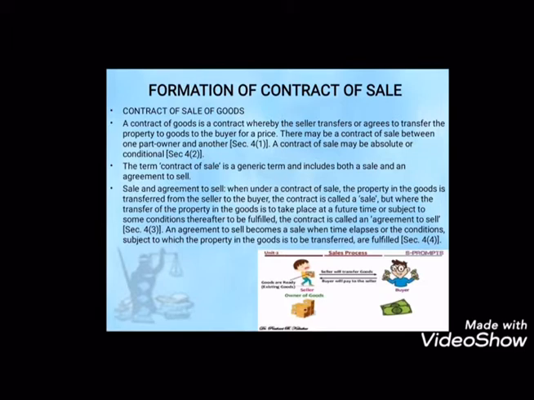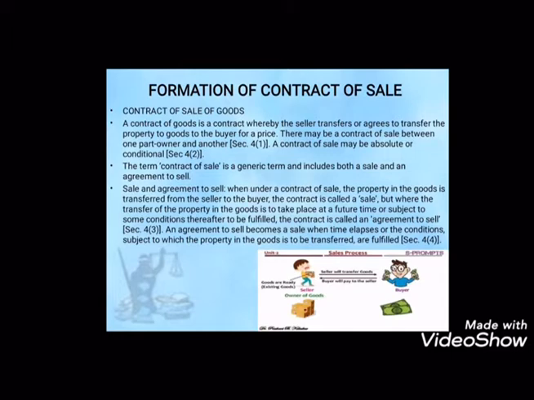But when the transfer of the property in the goods is to take place at a future time, it has not taken place at the current moment, but it has been promised to take place at some future time or subject to some conditions. Conditions can be that the demand or the requirement of the buyer or the seller is fulfilled.